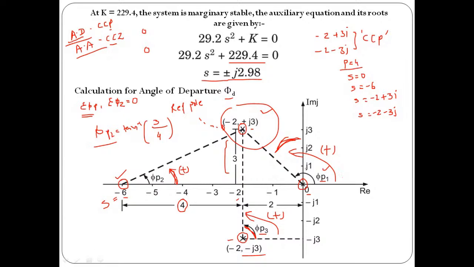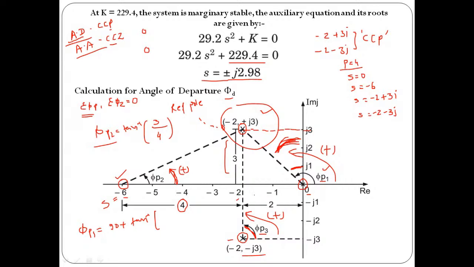In the same way, suppose you are interested to calculate phi p3, sorry, phi p1. So phi p1 is going to be 90 plus this particular angle, and this angle can be calculated by taking this as a triangle. This is going to be the opposite, so it will be tan inverse of opposite.